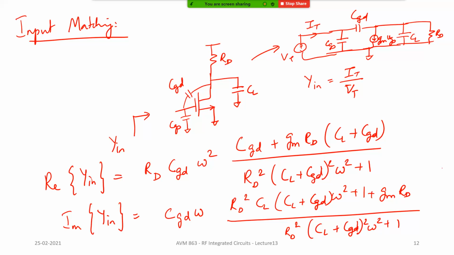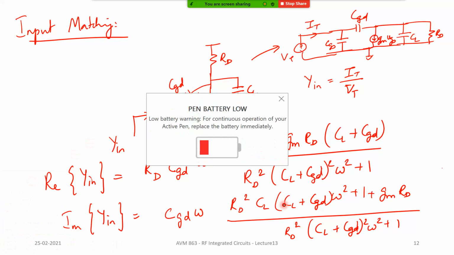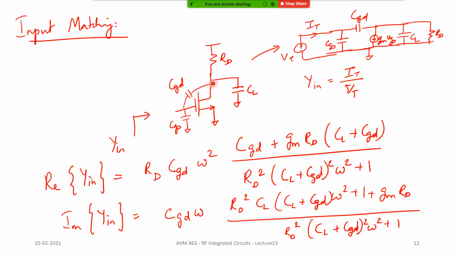An intuitive way of understanding is that this capacitor CGD sees a certain real part here, which is RD to ground. It is RD to VDD, but a supply is basically an AC ground, small signal ground. So this CGD in series with this RD is basically going to do some series to parallel transformation, and so when you are looking from the input, you are going to look at some real part.